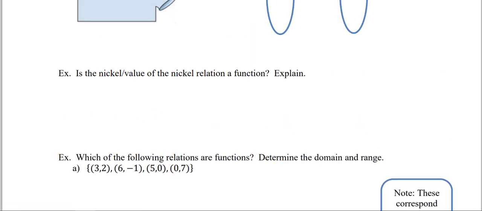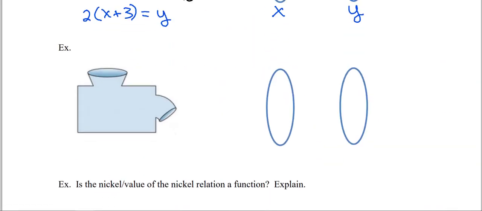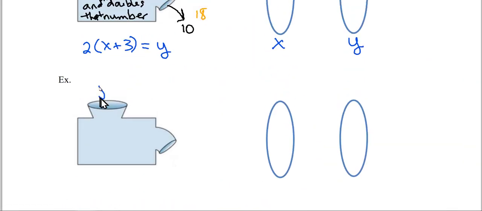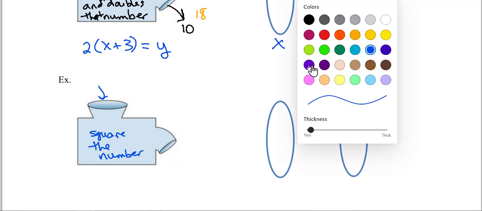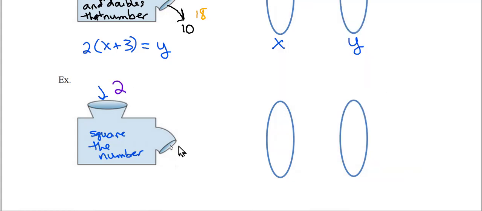For example, let's suppose you had an input, whatever that is, and you want to square the number. That's the function. That's what you want to have happen to that number. So let's suppose we input 2.